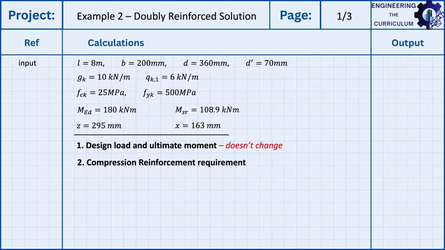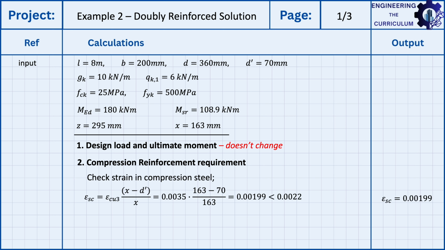The compression reinforcement, however, does change. The first thing we do, once again, is we will check the strain in the compression steel. The only change here is that we have the 70 instead of the 50 we had before, but that reduces the strain in the compression steel to 0.00199. Now that is smaller than the yield strain in steel of 0.0022.